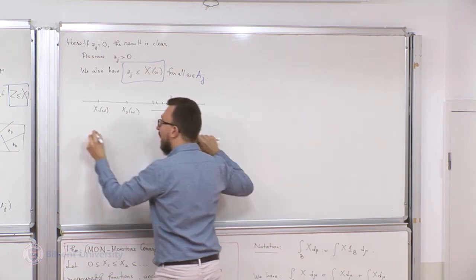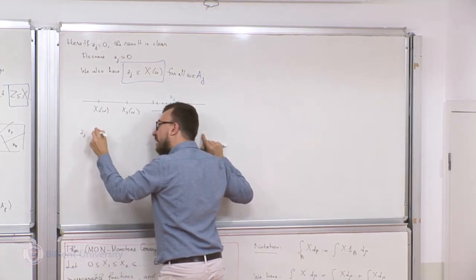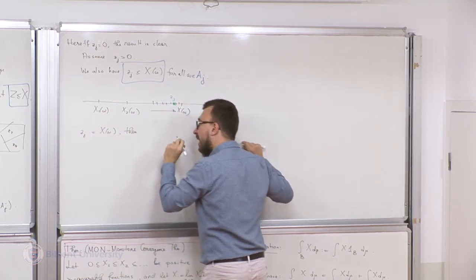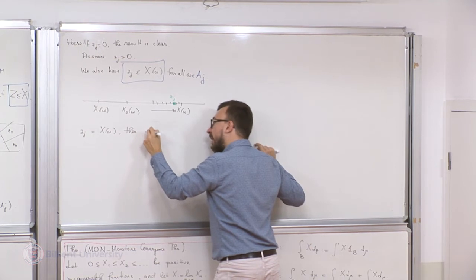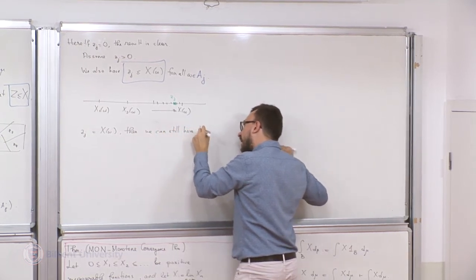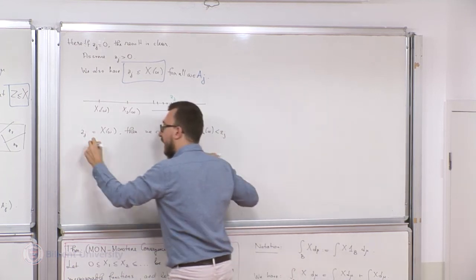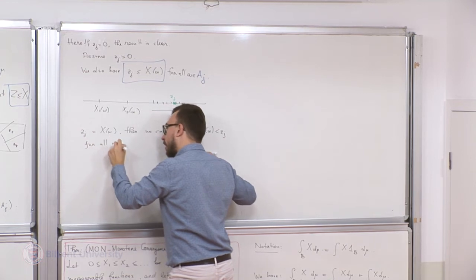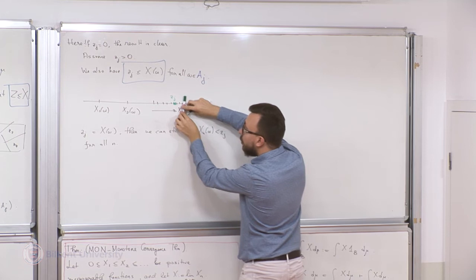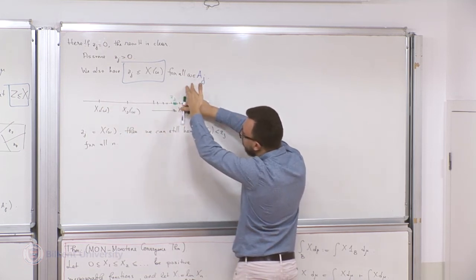So if we have Zj equals x of omega, then we can still have xn of omega below Zj for all n. So if Zj is indeed here, you can have all the approximating numbers still strictly below this point.